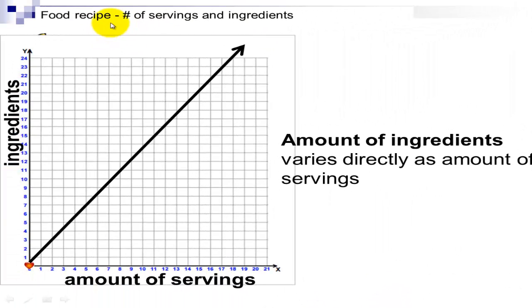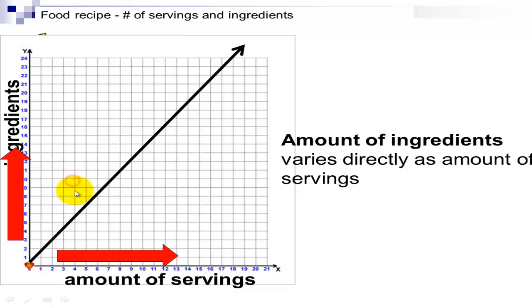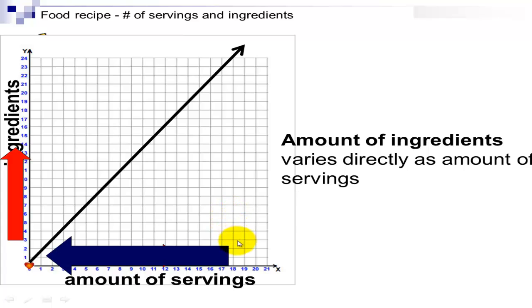In a food recipe, the amount of ingredients varies directly as the number of servings. If you are going to have bigger servings, then expect that you have to use more ingredients. But if you cook only small servings, fewer servings, then expect that the amount of ingredients you use will also decrease.